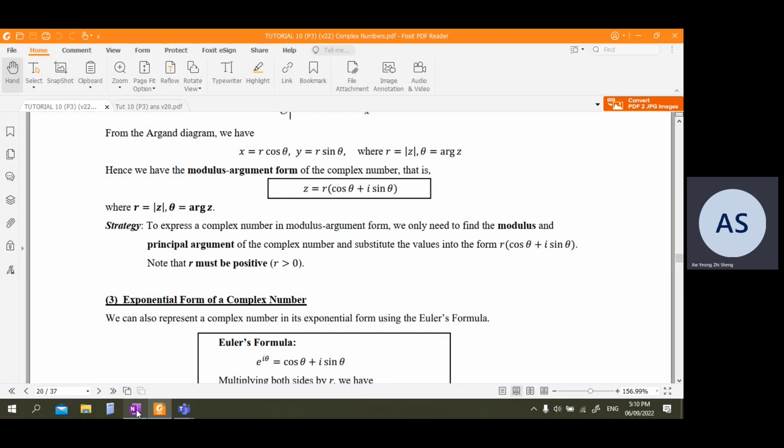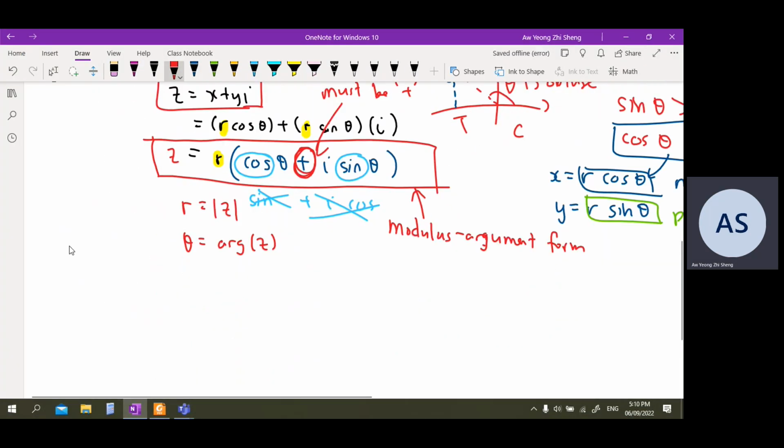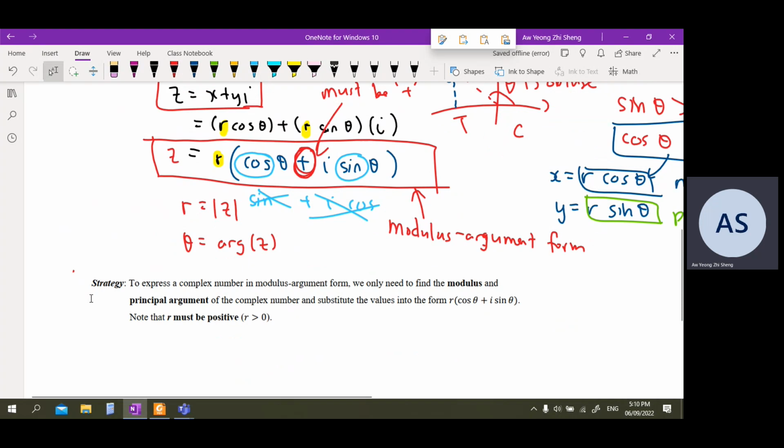This strategy down here is just to tell us how to convert from Cartesian form to modulus argument form. Right, to express a complex number in modulus argument form, we only need to find the modulus and principal argument of the complex number. So again, by default, our theta, our argument of z, is given in the principal range, where theta is between minus pi and pi.